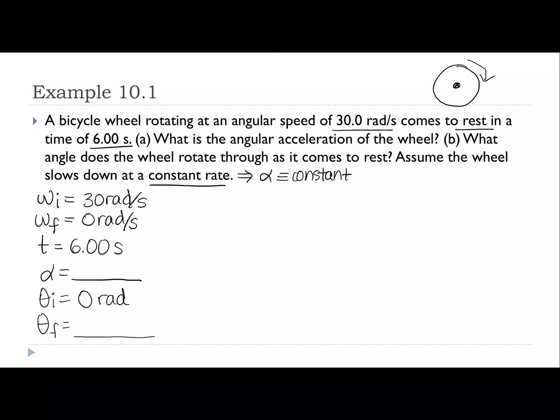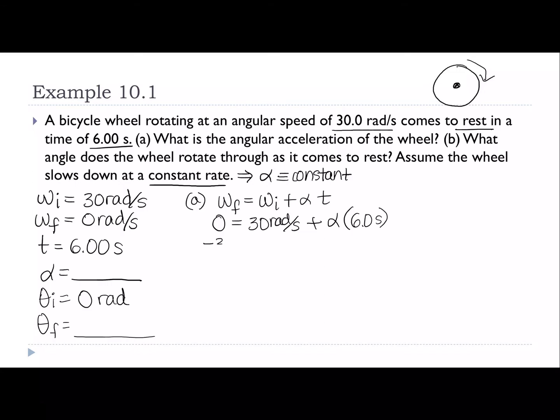So if I go to the kinematic equations for rotational motion, I see that the final angular velocity is equal to the initial angular velocity plus the angular acceleration times the time. It comes to rest. The initial angular velocity is 30. I'm interested in knowing the angular acceleration when it takes 6 seconds to stop.